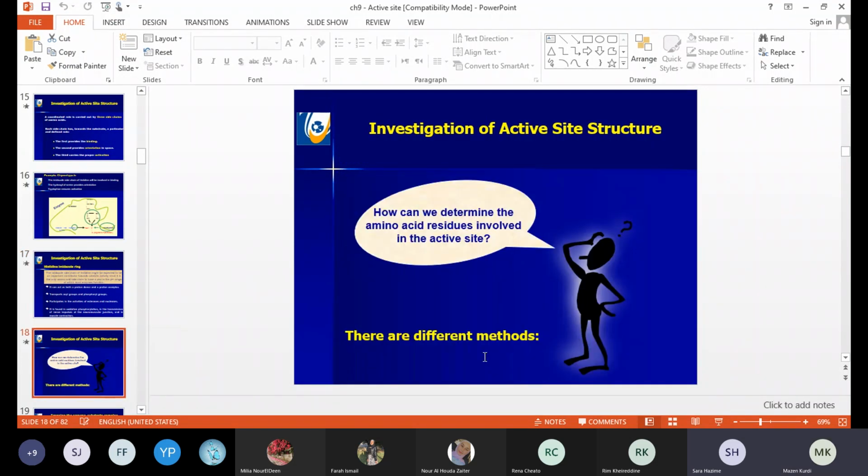So after this first introduction about the active site, which you know most of in general, the question that we have to ask now is how we can determine these amino acids involved in the active site. It's not enough for me to say I have a histidine or a serine; I have to say which number the serine is in the primary sequence. I mean, I am saying serine number 96, or histidine number 210.